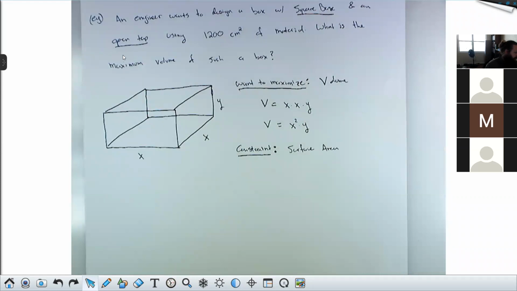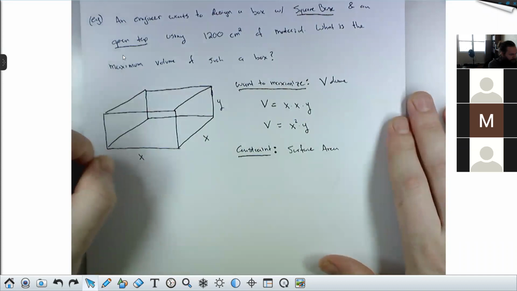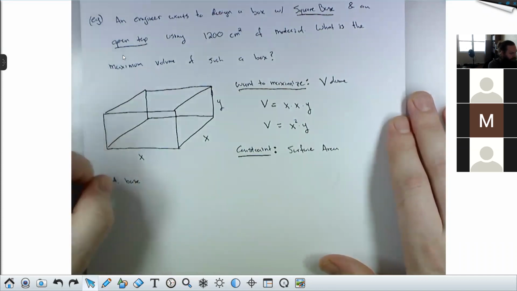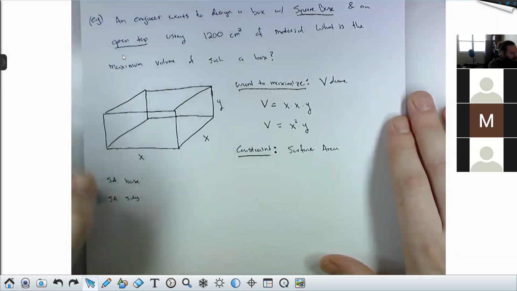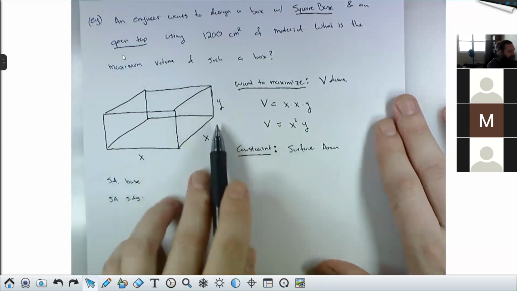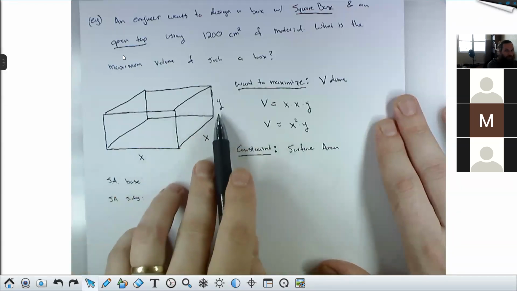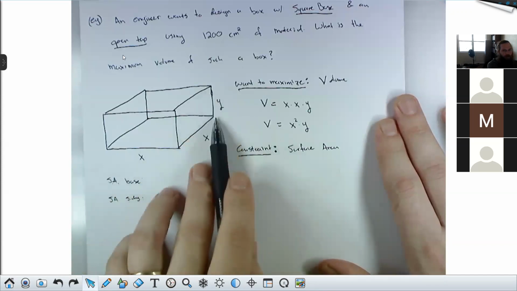So if we start trying to calculate the surface area, what is that? Let's do the sides separate from the base. Each of the sides has area x times y, because if you just look at it, it's a rectangle whose width is x and whose height is y.